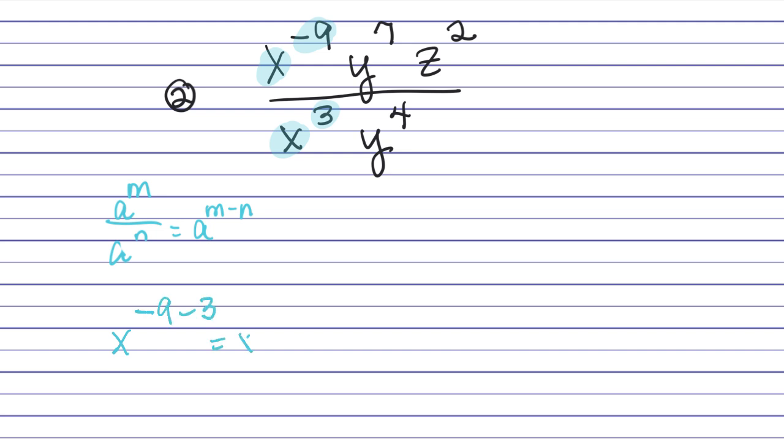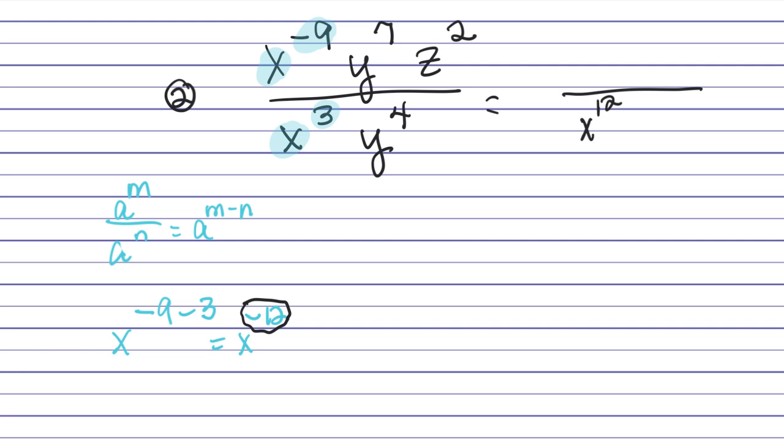So I'm going to get x to the -12. Well, when I come over here to write my final answer, since I have a negative exponent, to lift that negative, it has to go to the denominator. So this is going to have x to the 12th. It's going to go down below.